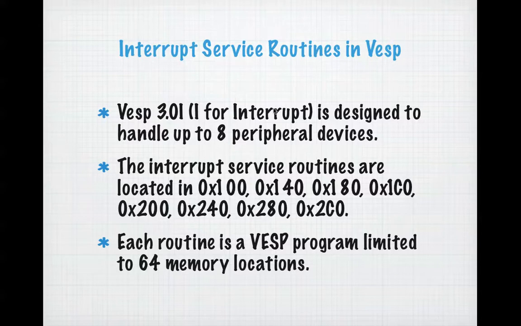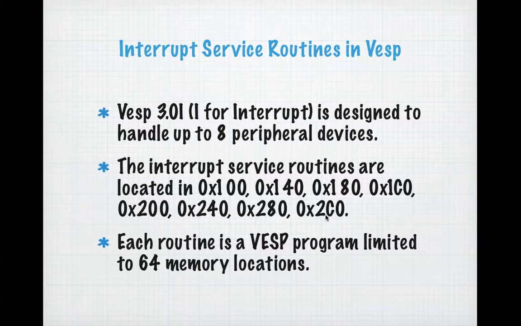And this particular version is designed to handle up to 8 peripheral devices in a single level service request handling way. The interrupt routines, the actual programs, are stored in hexadecimal locations 100, 140, 180, 1C0, 200, 240, 280, and 2C0.